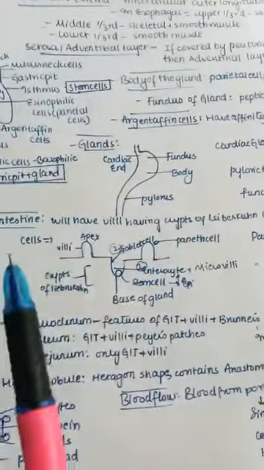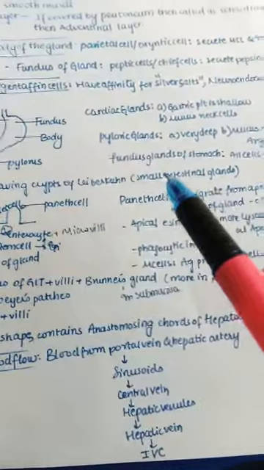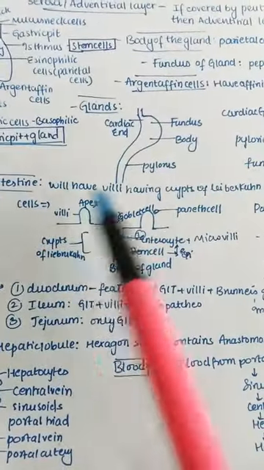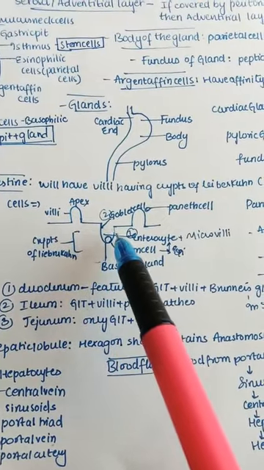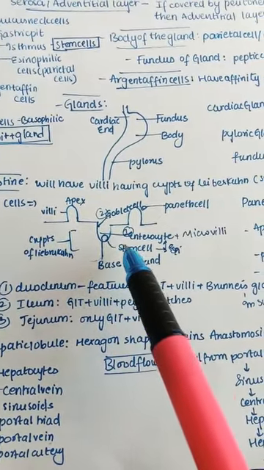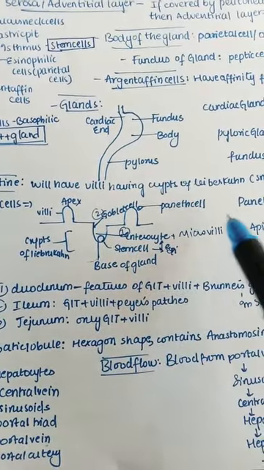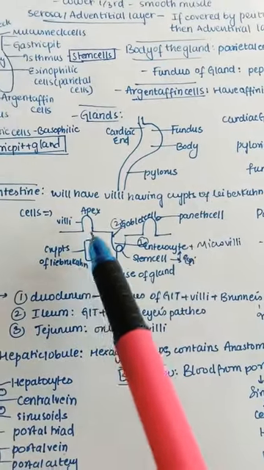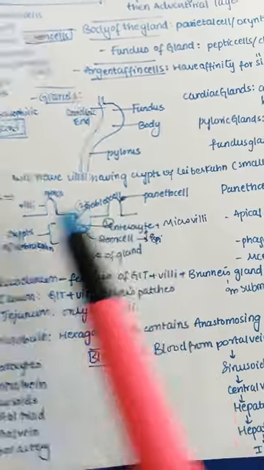So the small intestine will have villi with many crypts of Lieberkühn, which are the small intestinal glands. If you check out this diagram, this is a villus, this is the apex, and here you can check the stem cells, which mainly form goblet cells and enterocytes. Enterocytes also have microvilli, and this is the base of the gland, a crypt of Lieberkühn, and here you can check out a Paneth cell.